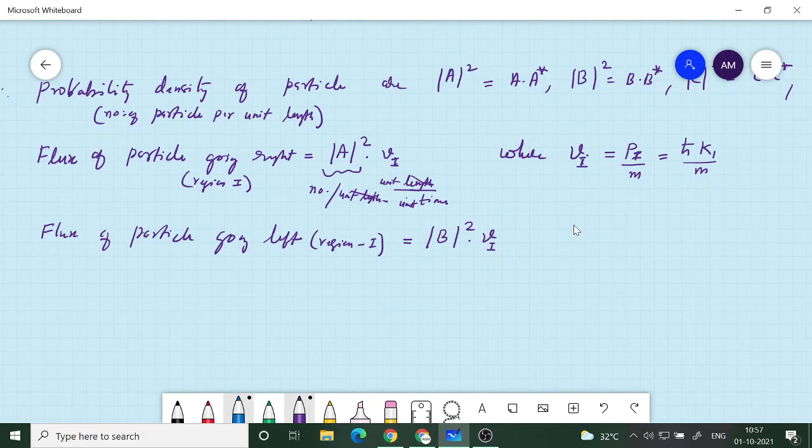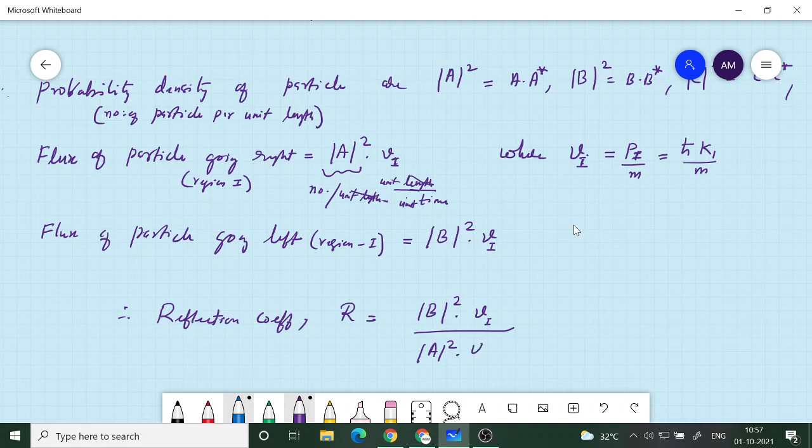So the reflection coefficient R is equal to the flux going to the left divided by the flux going to the right. Since the velocities are the same, this is basically B star divided by A star.